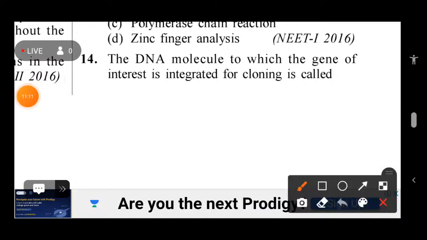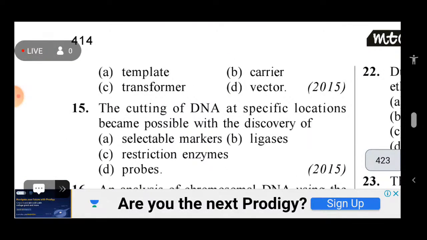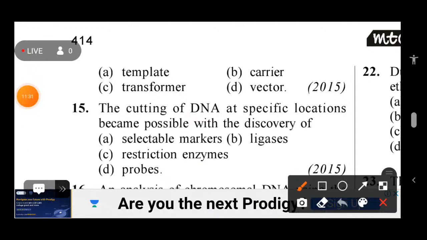14th question. The DNA molecule to which the gene of interest is integrated for cloning is called. Okay, so we are going to see the options. Template, carrier, transformer, and vector. So very easy. I think you caught the answer. It is vector. Because what is vector? Vector is a DNA molecule that carries a foreign DNA sequence and replicates inside the host cell, not outside the host.